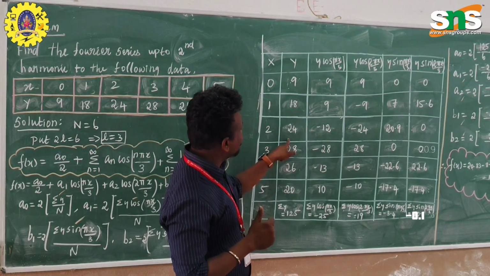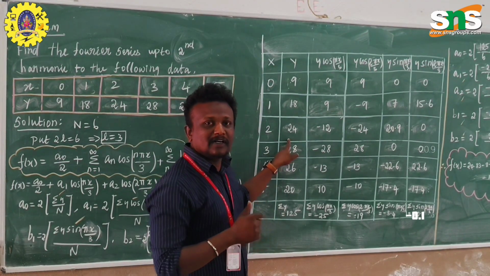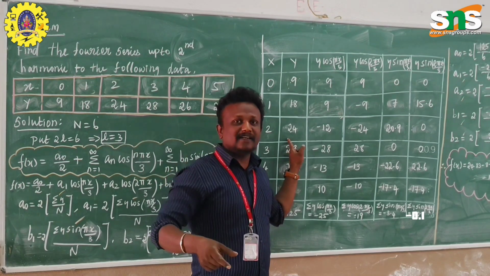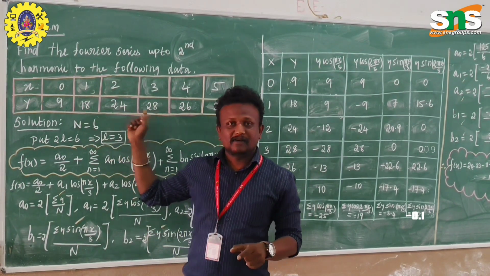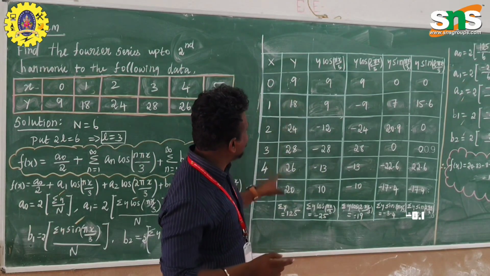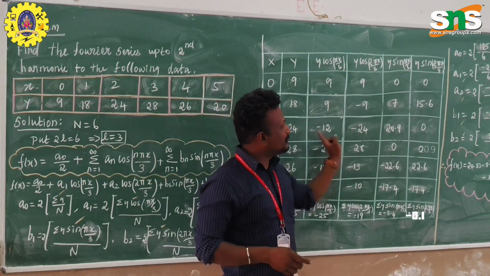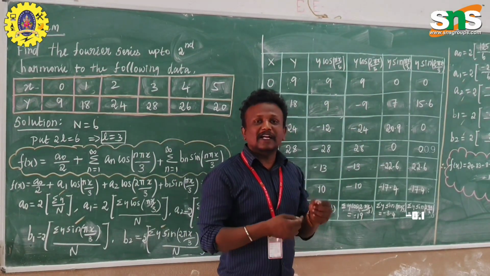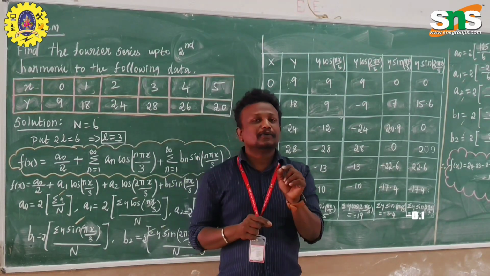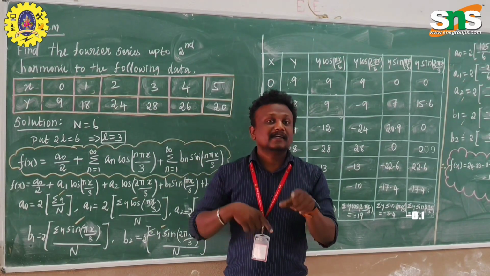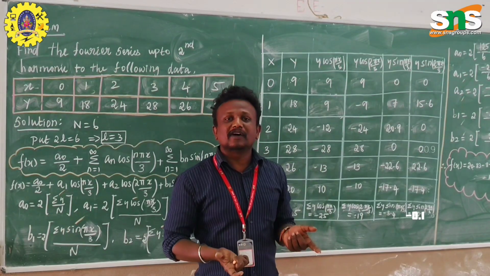Let us come to the second column. In the second column, we have directly written the actual y value that we had in the question. After writing these two values, the calculation part is very important. If you make any small error, the entire problem will be wrong.